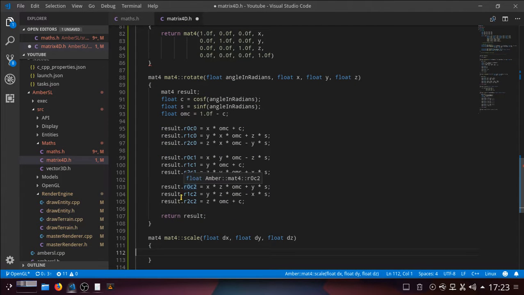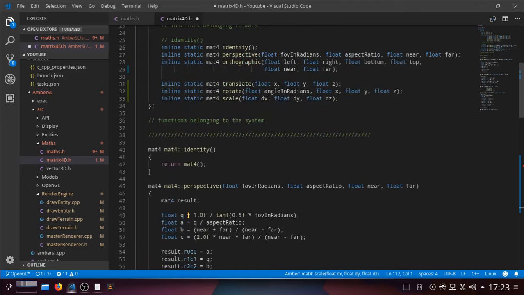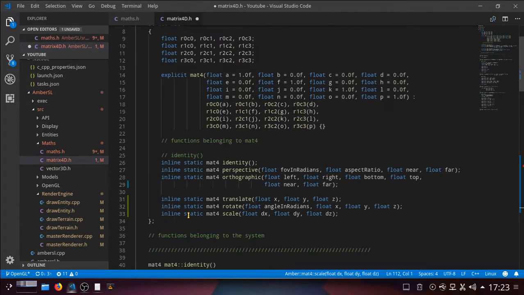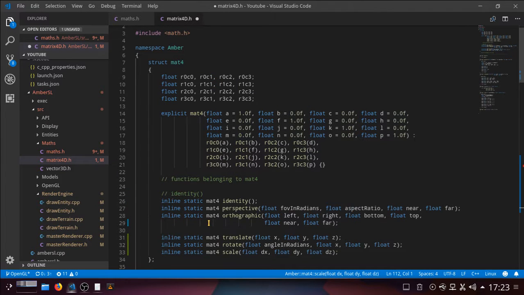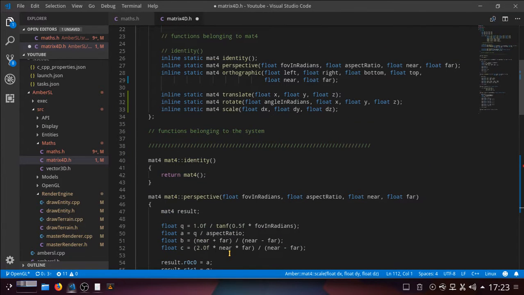I'll see about that in a minute. They are part of map 4, aren't they? Yeah, that's right. Inline Statics. I don't know how it's going to handle this.